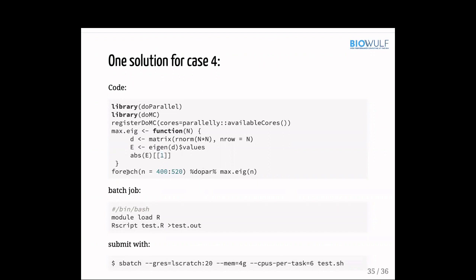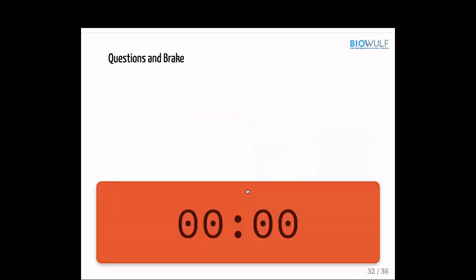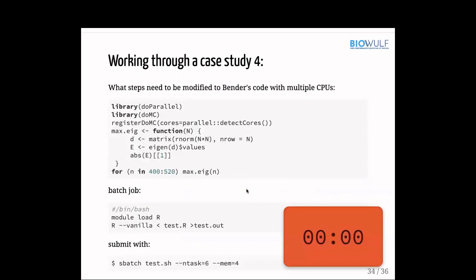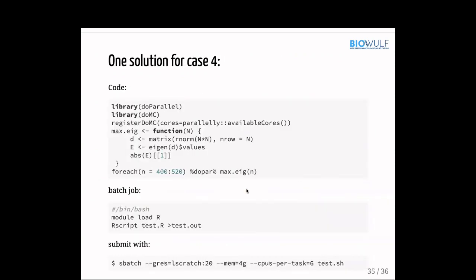And the for loop could be changed to foreach and do parallel. In this case, in this example, it will do faster, but again, it depends on your code. Sometimes it's not. Sorry, I pressed the wrong button.